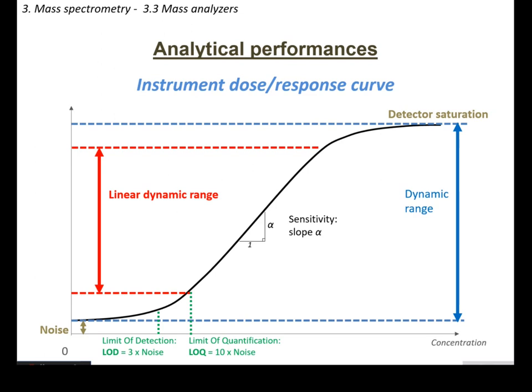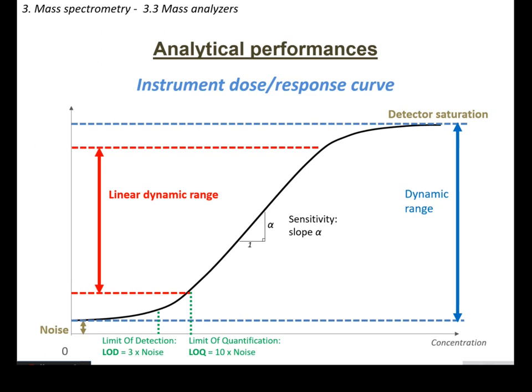Then the signal increases when the concentration increases, and you reach the limit of detection. Usually it's 3 times the level of the noise, but you can also measure it empirically. And then you have the limit of quantification, which is the bottom of the linear part of the curve, and usually it is assimilated to 10 times the noise.